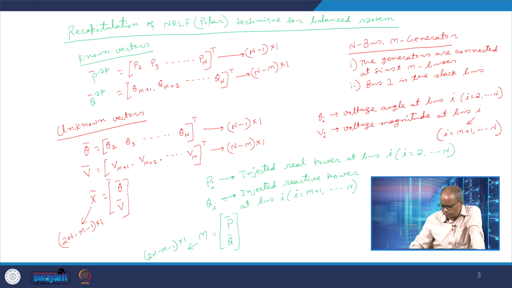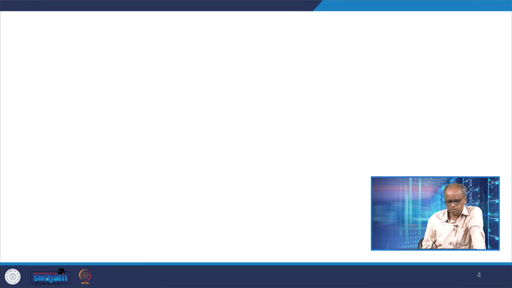Now how do I solve? We do all the linearization and so on, and ultimately we get the equation after linearization. We are not repeating it because we have already done it in an earlier course.